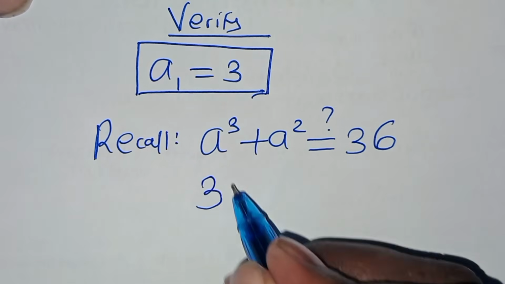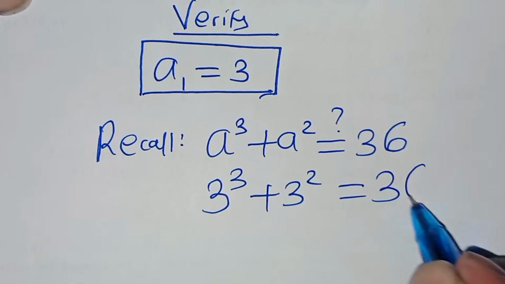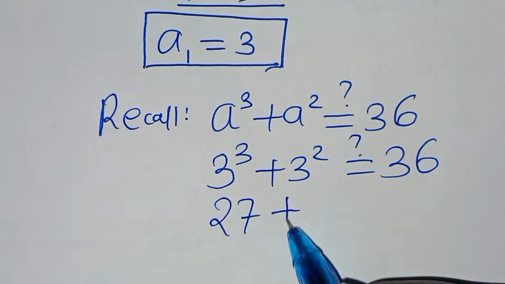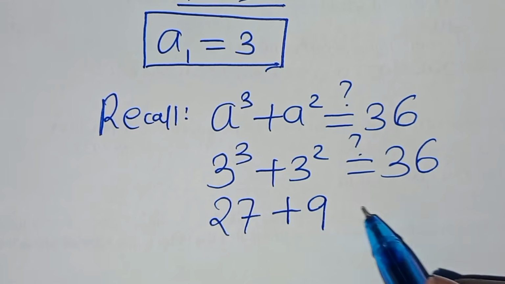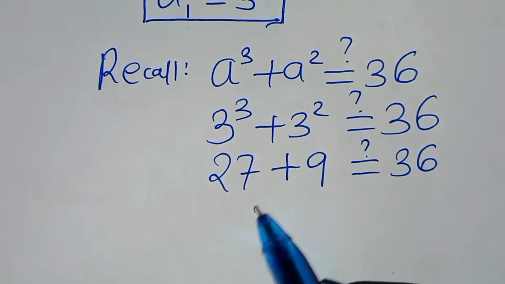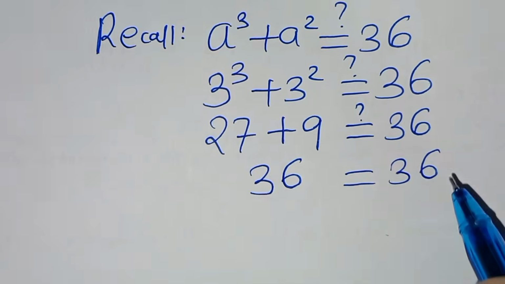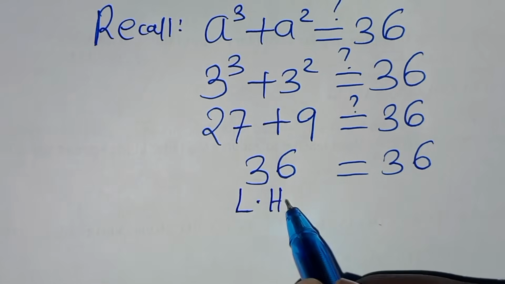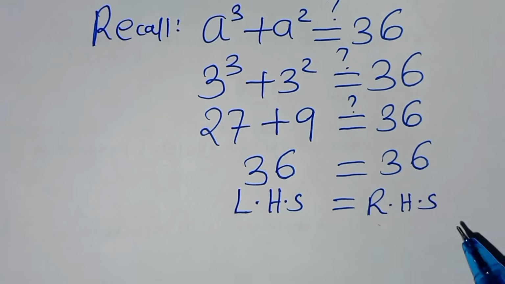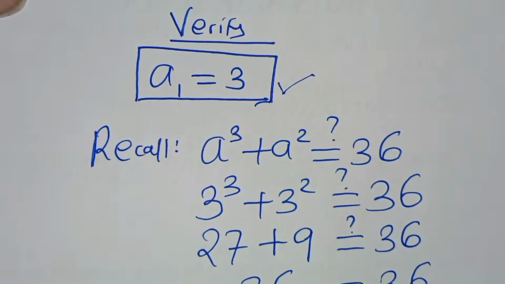Substituting 3, we have 3 to power 3, which is 27, plus 3 to power 2, which is 9. 27 plus 9 is 36, which is equal to 36. This implies that the left-hand side is equal to the right-hand side, and so a1, which is 3, satisfies the equation.